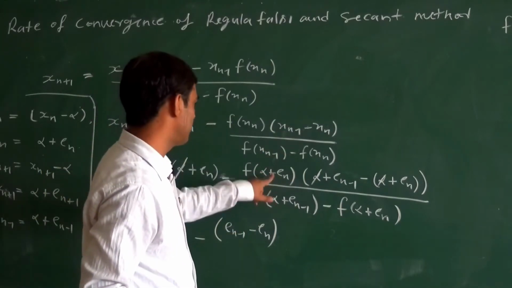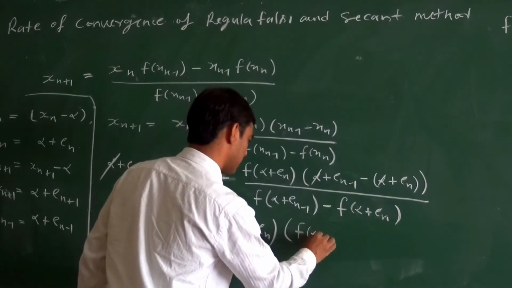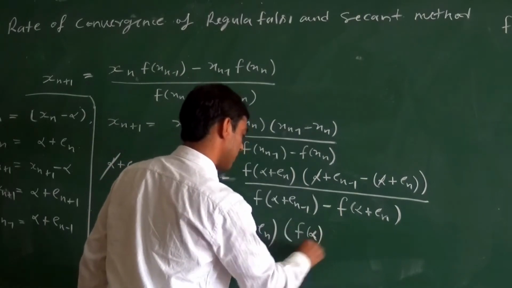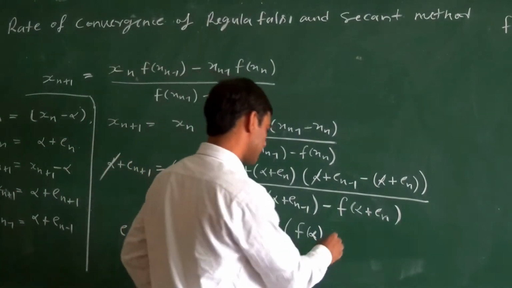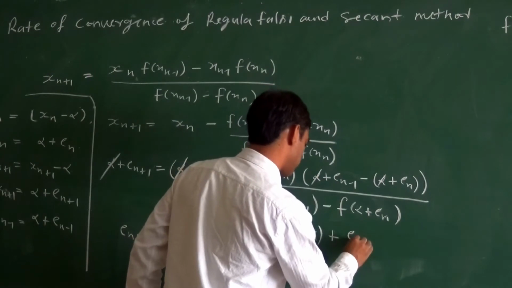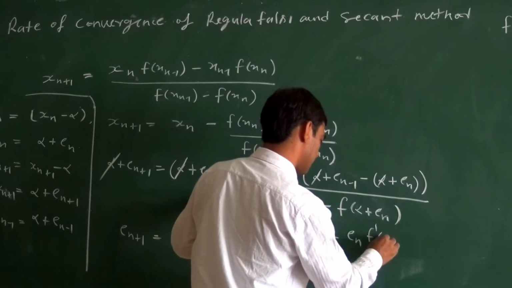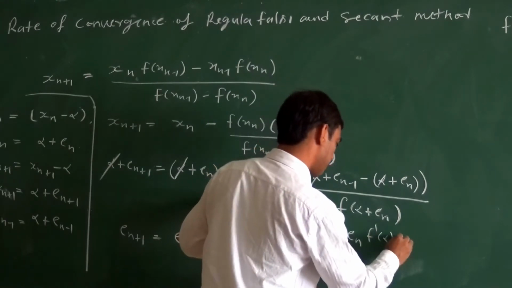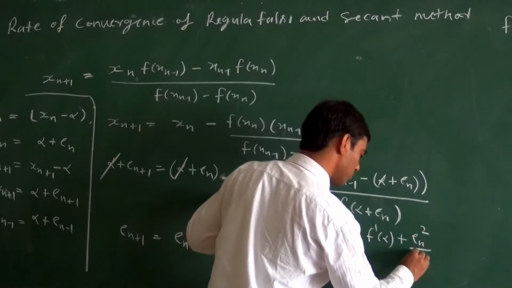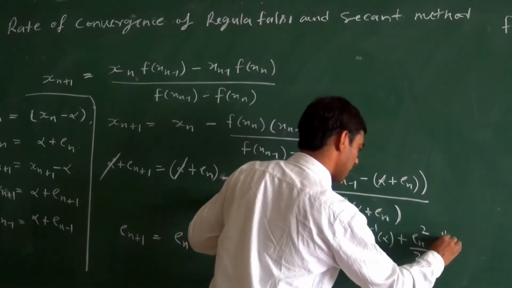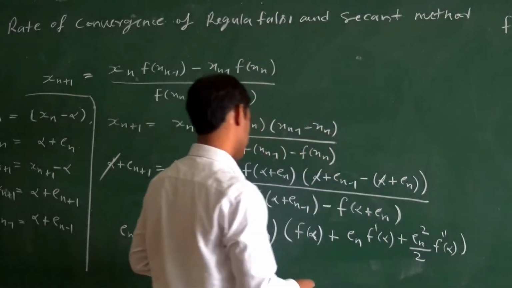According to the Taylor series expansion, this becomes f(alpha), where alpha is our actual root, plus E_n f'(alpha) plus E_n squared over 2 f''(alpha), and we ignore all other terms.